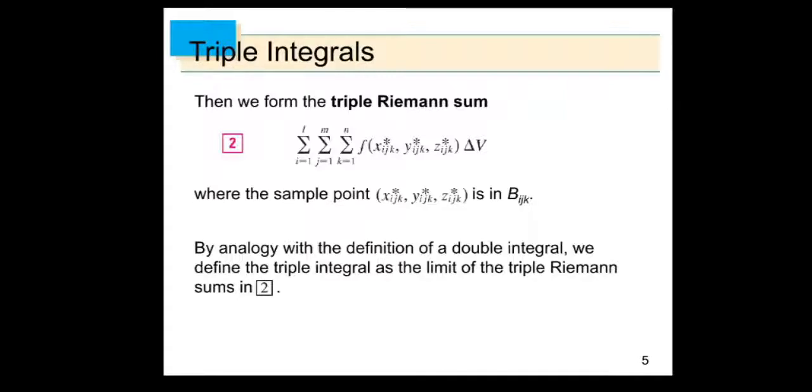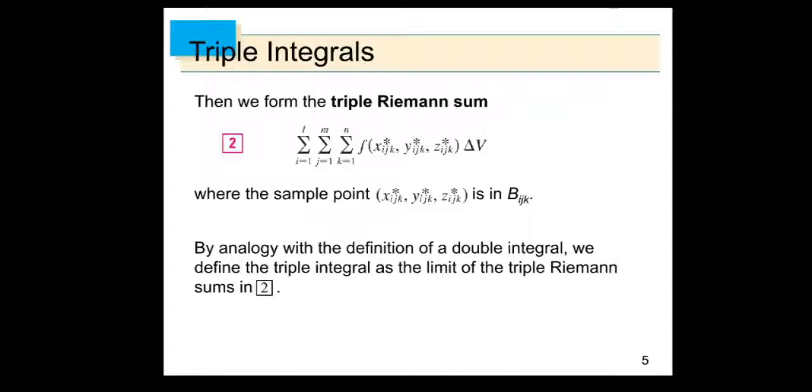And we will have our values over here in the brackets, f of x*_ijk, y*_ijk, and z*_ijk, and it will be multiplied with the delta volume. Delta volume would be the volume of those sub boxes. So our sample point would be in this form, as in B_ijk.